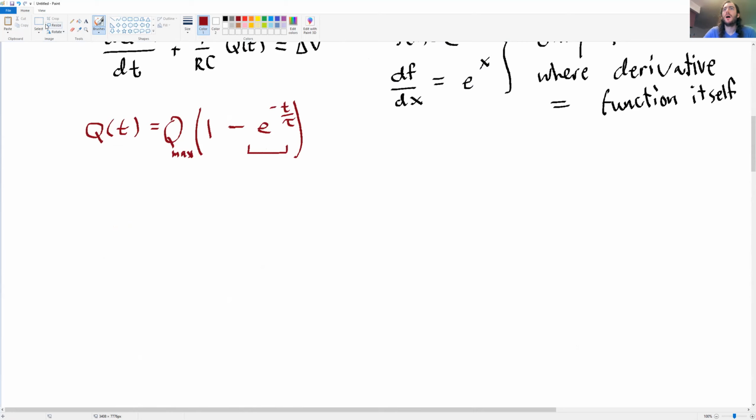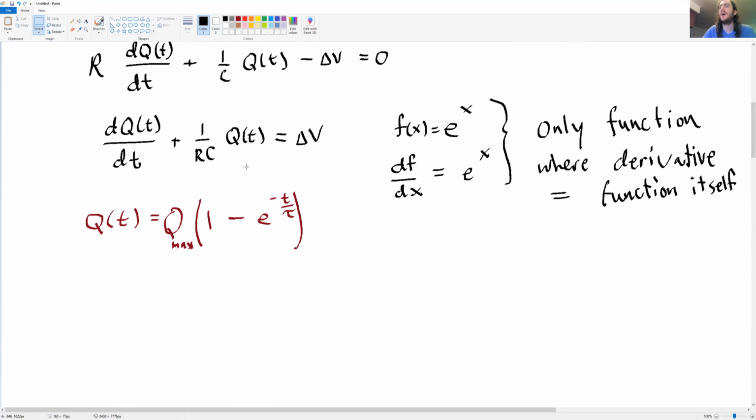Okay, so with this information now, we can check what some of these parameters that we kind of fudged in there actually are. So that's what we're going to do now. In the limit as t goes to infinity, the capacitor will be fully charged.